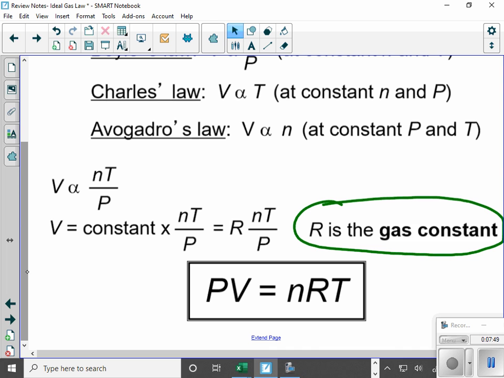The pressure times the volume is equal to the number of moles, the gas constant, and the temperature, all multiplied together. So that is our ideal gas law.